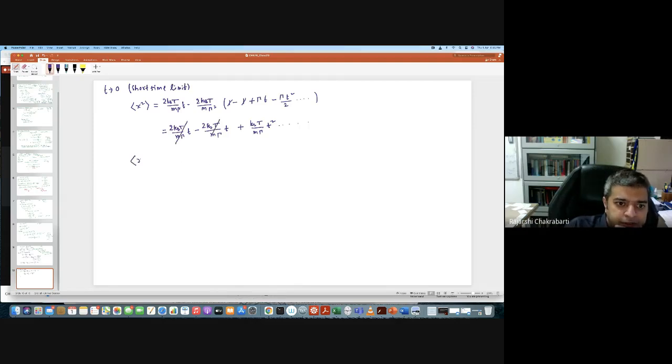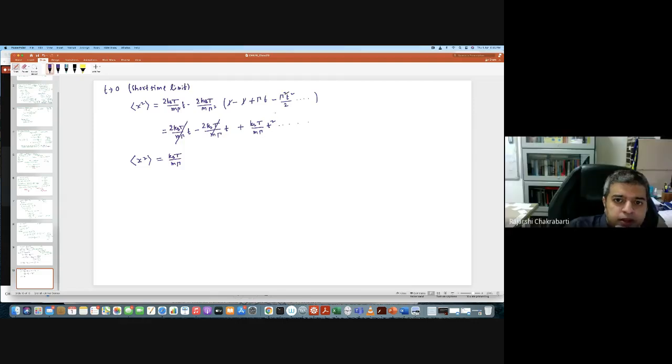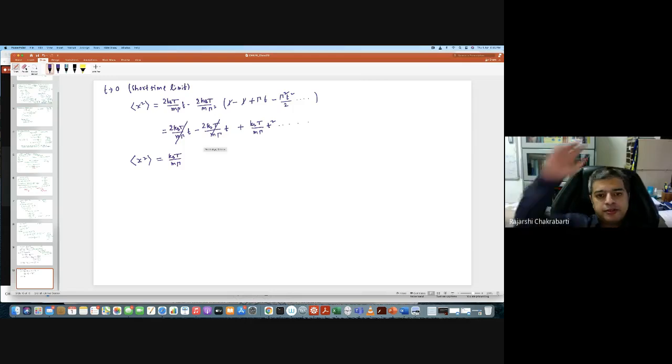So x square average will give you, that should be gamma square t square, right? Sorry, yes, gamma square t square. So there should not be any gamma. It is very important that we don't have gamma there, because it should be independent of the viscosity. Wait for a minute.